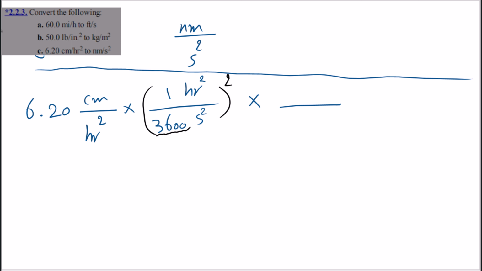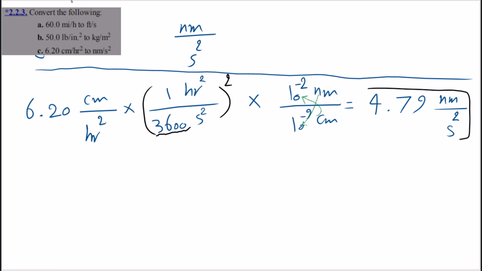And centimeter must be converted to nanometer. Nano is 10 to the power minus 9, and centi equals 10 to the power minus 2. Remember, you must do it in this way. This is a noticeable point. Your answer will be calculated as this: 4.79 nanometers per second squared. This is your answer.